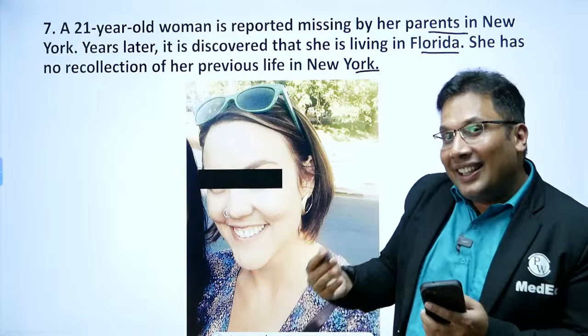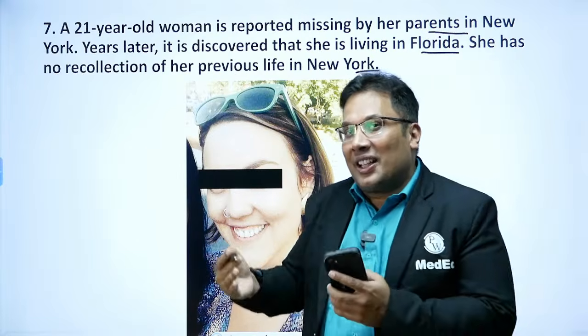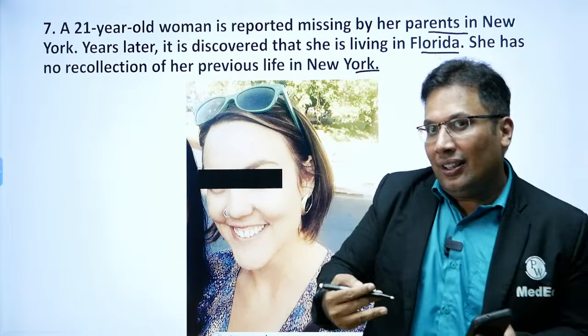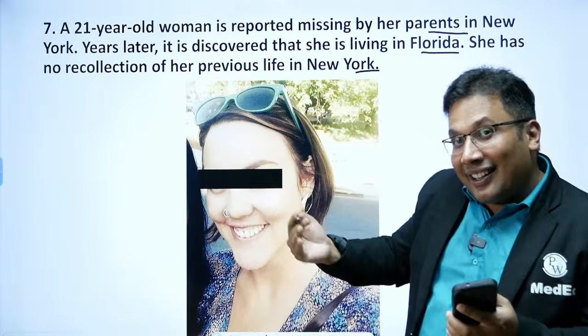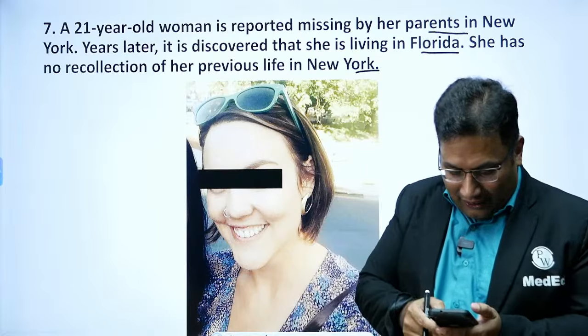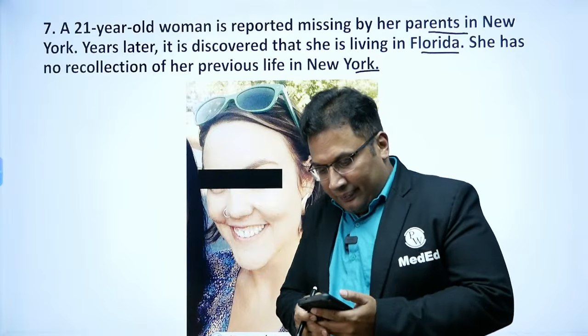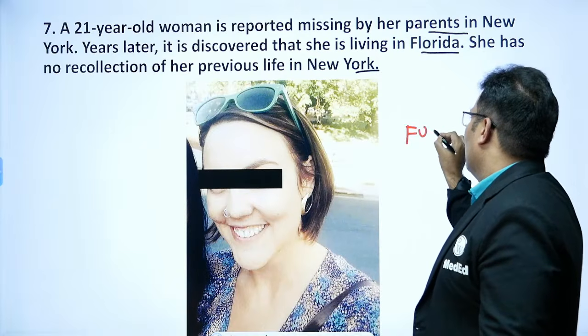So 2 identities, 2 different places, and there is no recollection of the past. What is this? Dissociative fugue, dissociative identity, or another type? 7th one. 7th, try to answer. So this is basically known as fugue.